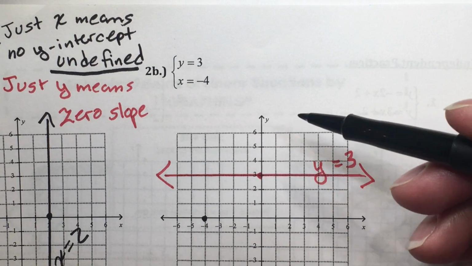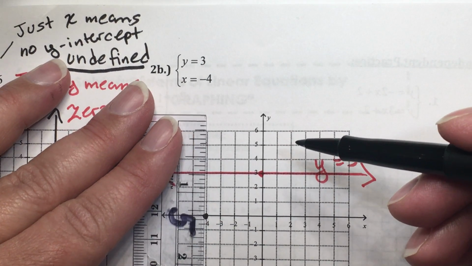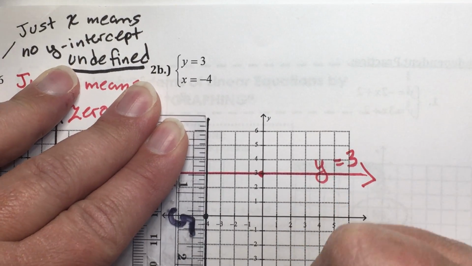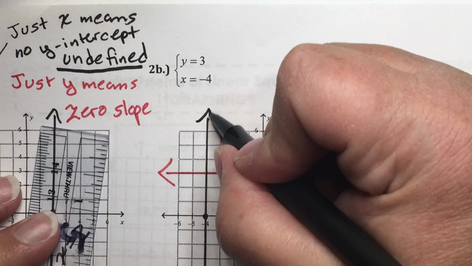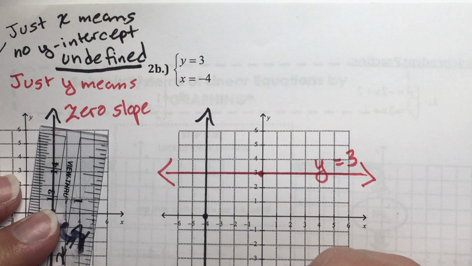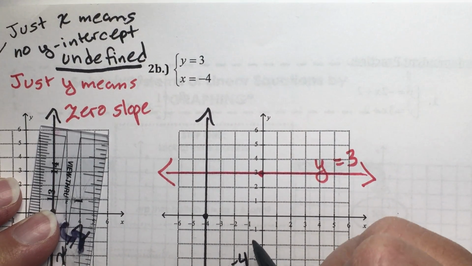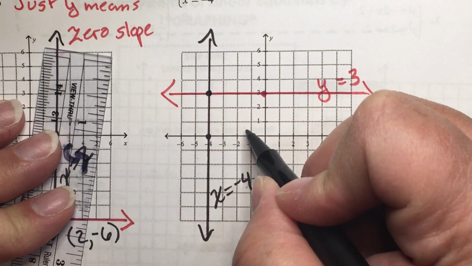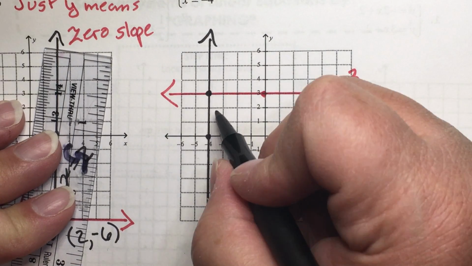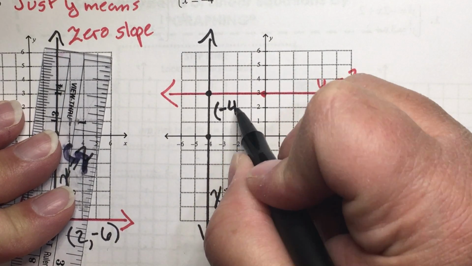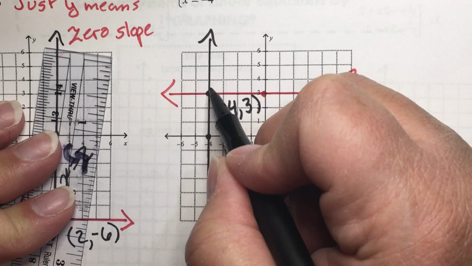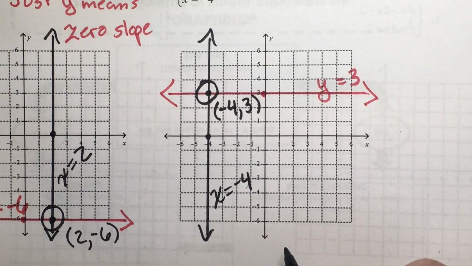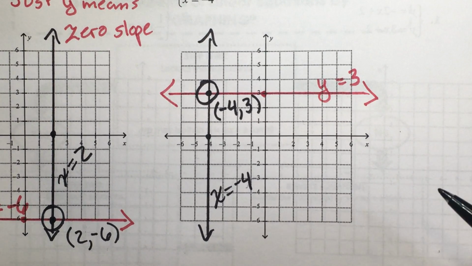I cannot intercept y, so I can only make an undefined slope straight up and down, and that one is x equals -4. The point where they cross, x is -4, y is 3, -4, comma 3. That point right there. So my solution, -4, 3.